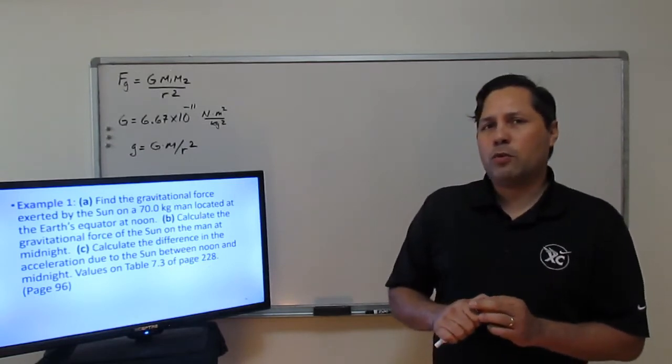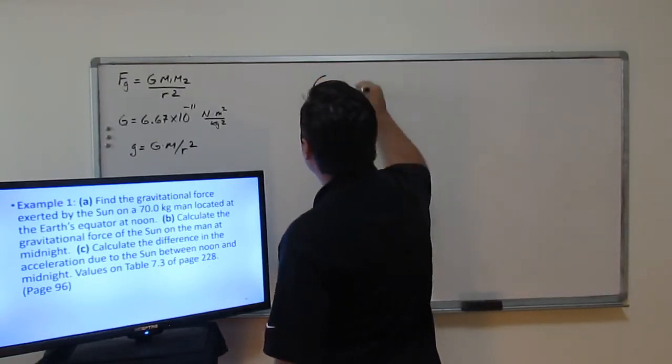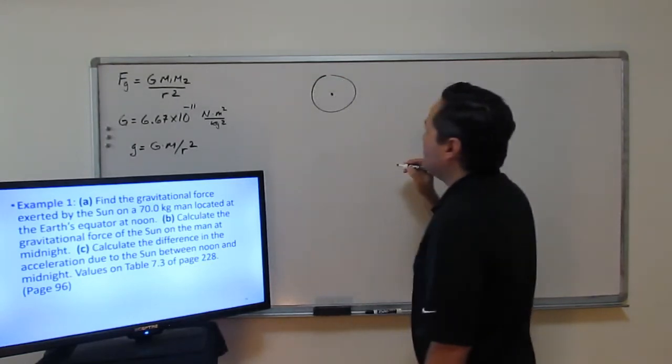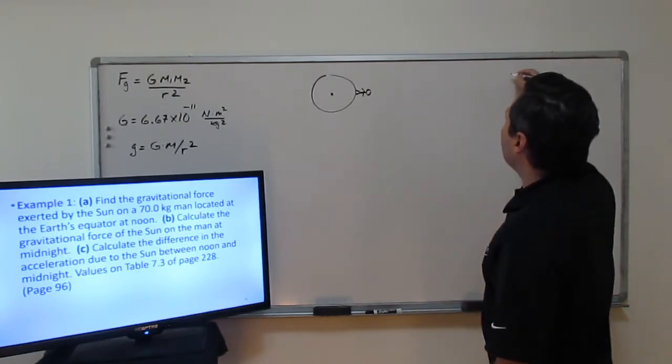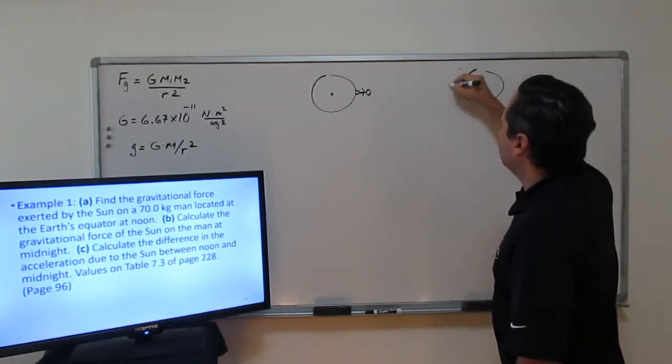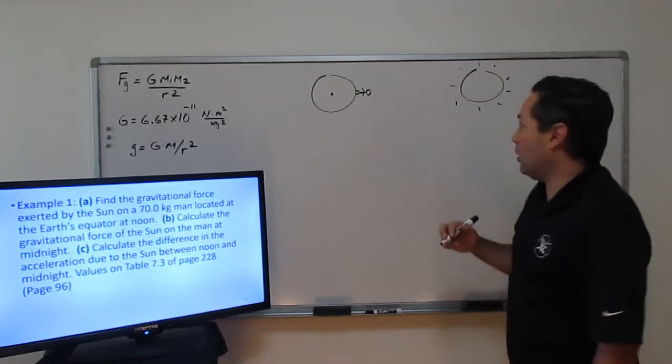Alright, first of all, let's start with a quick drawing. This is not going to be to scale. So we have planet Earth right here. There's the center of it. Here's our person, again not to scale. And on the other side, we're going to go ahead and have the sun. As I mentioned, not to scale.